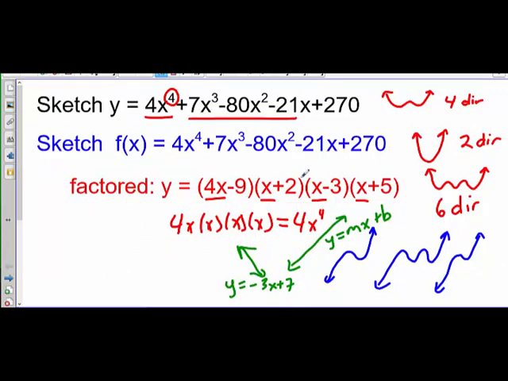Last thing, maybe, when I'm getting to the actual sketch. These factored forms, or these factors in the factored form, tell me where my zeros will be.